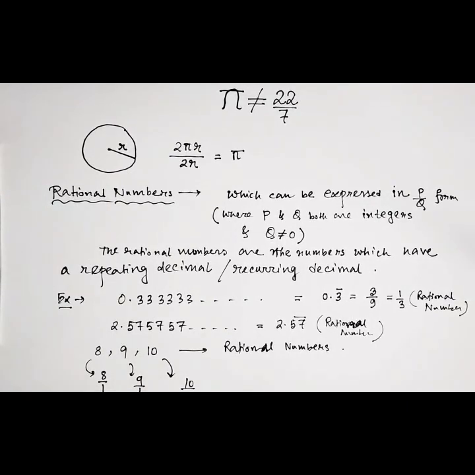Similarly, a negative number can also be a rational number. For example, minus 3 by 8 is also a rational number.